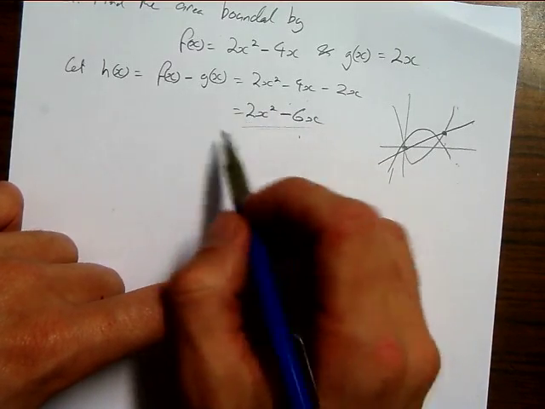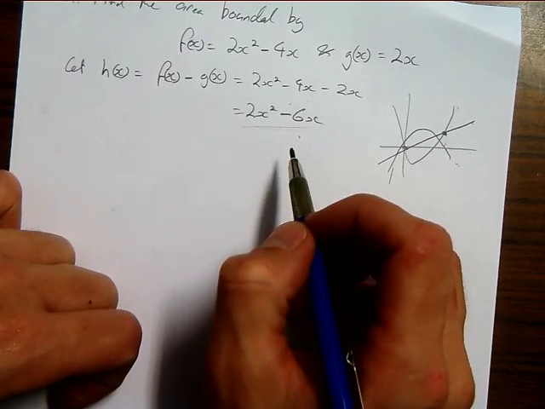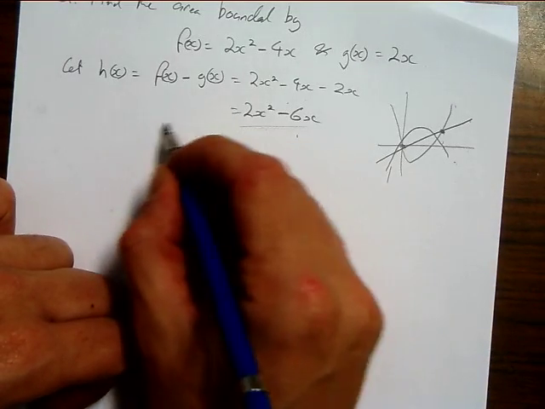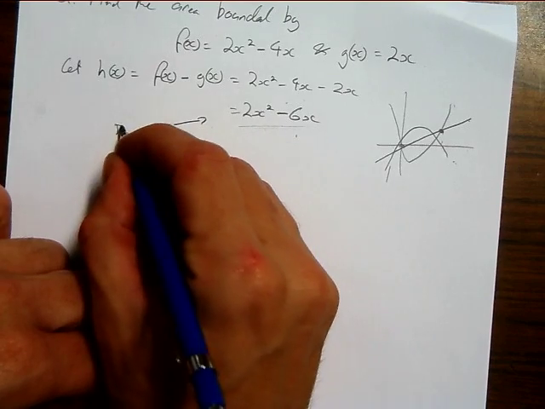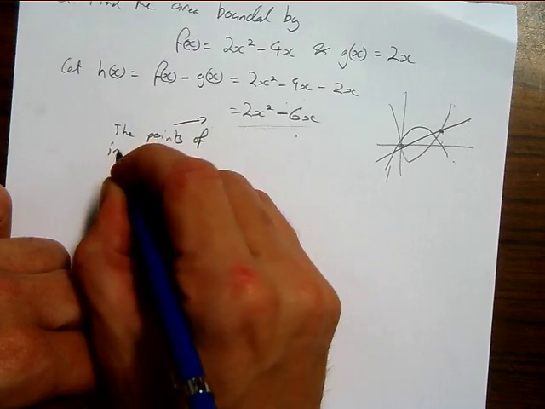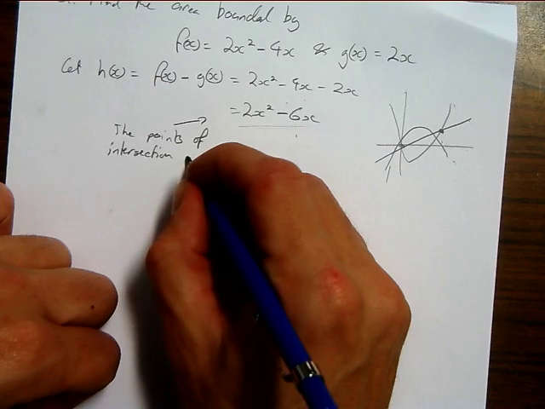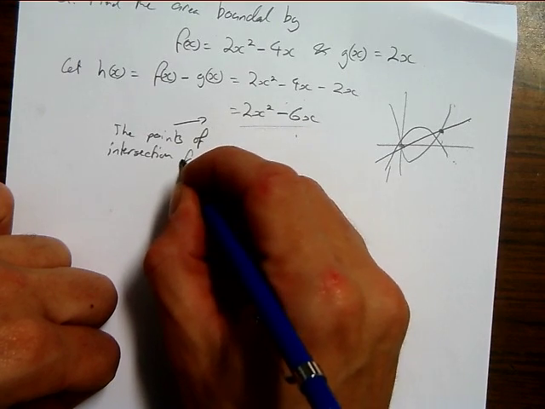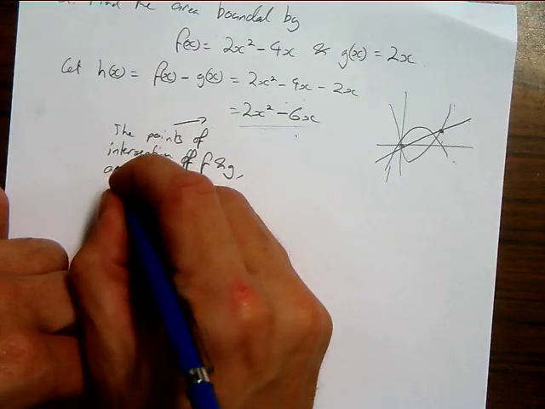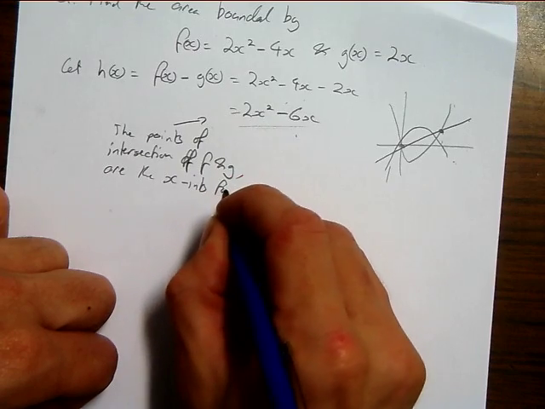Okay, so I'd encourage you to go in Desmos and have a look, and after I finish this question, I'll bring that up on the screen and we'll have a look at what that looks like. But I'll write that down. The points of intersection of f and g are the x-intercepts for h.